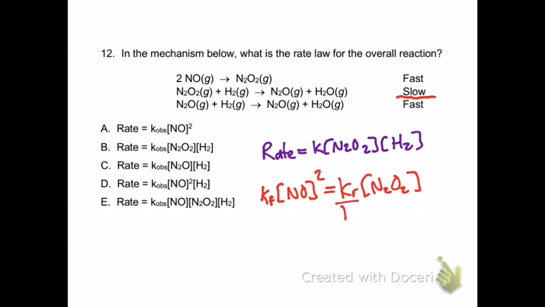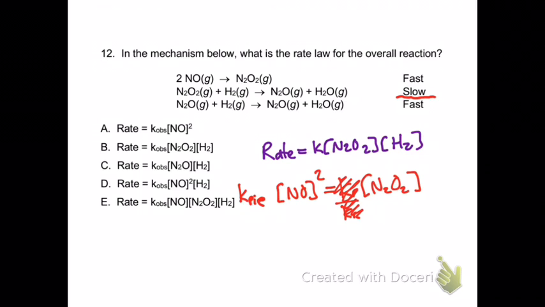To do that, we're going to divide both sides by K sub R, and a constant divided by a constant is just a whole new constant. We don't care what it is. So I'm just going to call this whole new constant, let's call it K pi, because it's arbitrary. We don't care. We love it. And pi is fun, so we'll call it that.